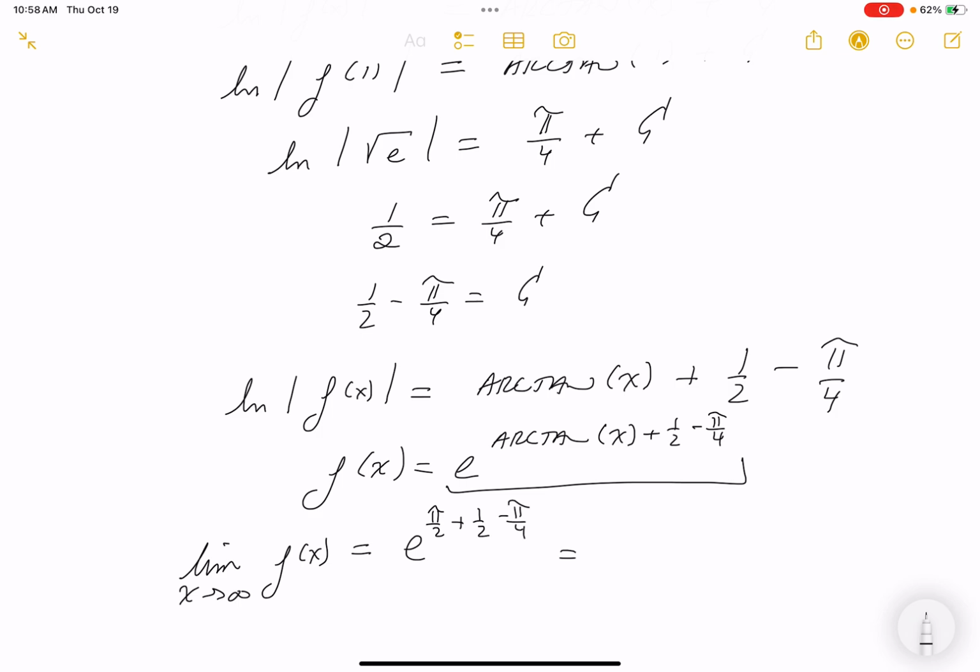Let's write that down. What do you get over there? e. Well, pi over 2 minus pi over 4 is going to be pi over 4 plus 1/2. All right? So the answer there is e to the pi over 4. Whoops, I didn't put the half down. Plus 1/2. And that's it. Thank you.